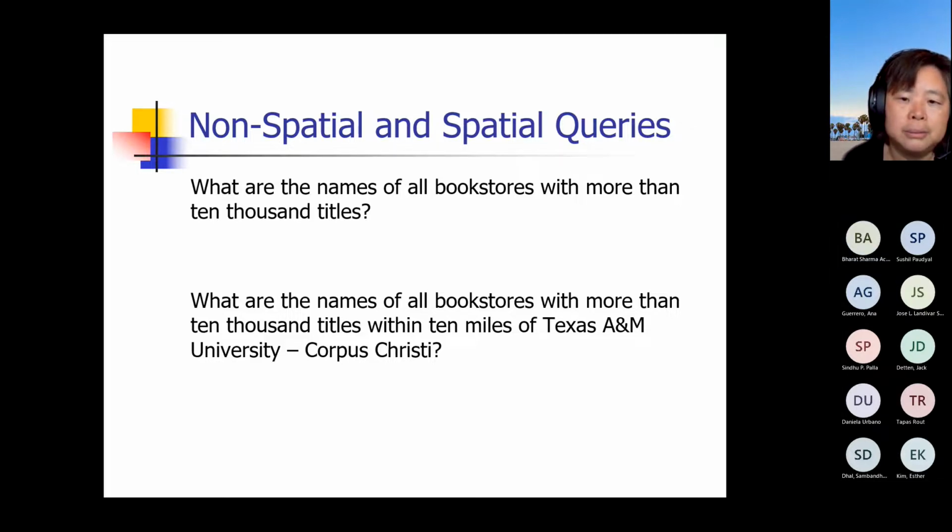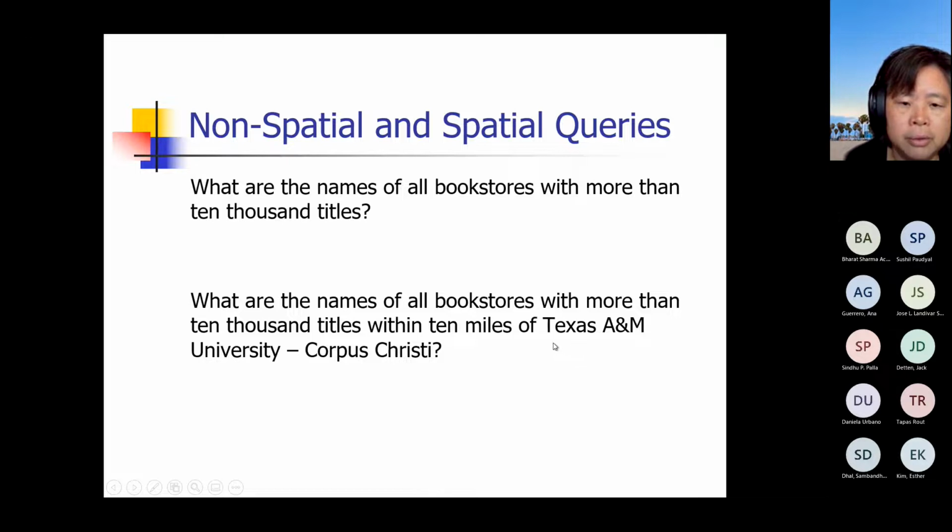Yes, that's right. Using the current relational database, if we have the bookstore, the name of the bookstore, and how many titles they have, we can easily retrieve this information. But in order to perform the second query, we have to know the location of each bookstore, and the location of A&M Corpus Christi, and we also need to calculate the distance between two locations.